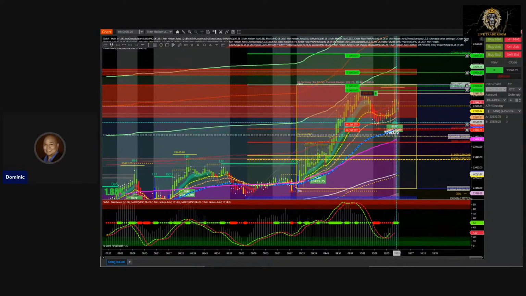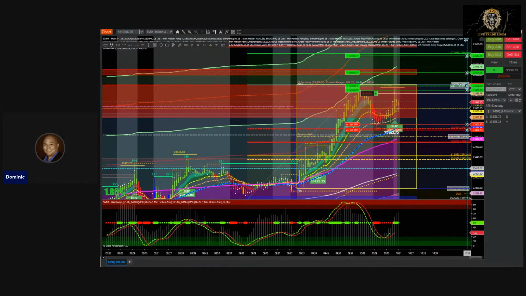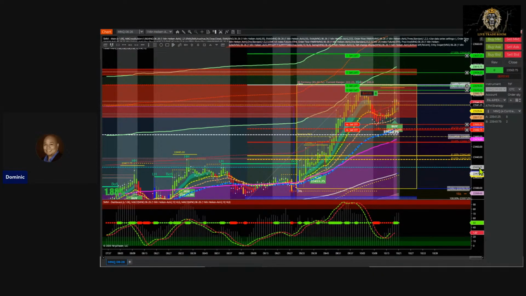Let's see if we can bounce off this. It's basically a pullback. That's what it is. Shouldn't have missed this to 3 contracts.